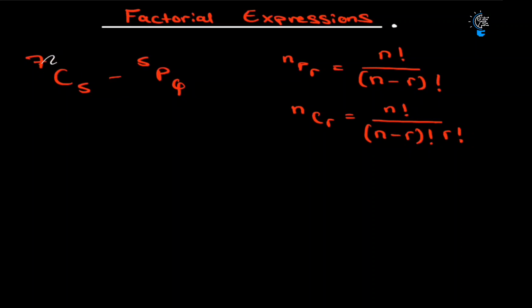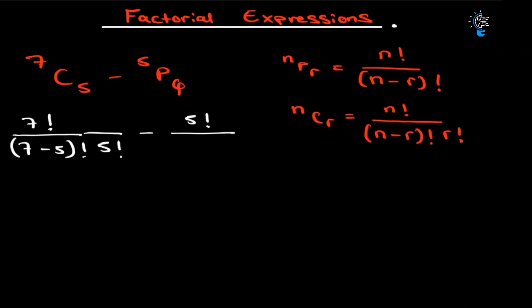So we can write this one as 7 factorial divided by 7 minus 5 factorial, 5 factorial, minus 5 permutation 4, which can be written as 5 factorial divided by 5 minus 4 factorial.